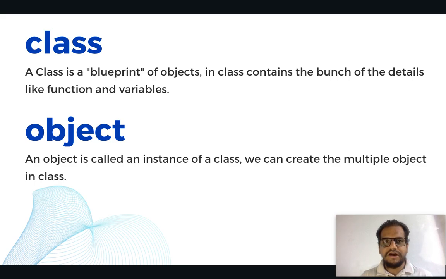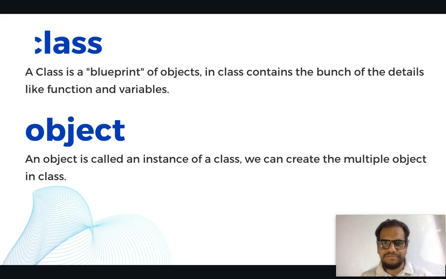You also have a car, and I also have a car, but the car name is not the same. You like a different car, and I like a different car. This way we can make different objects, but the car, meaning the class, is the same. So we can create multiple objects in a class.